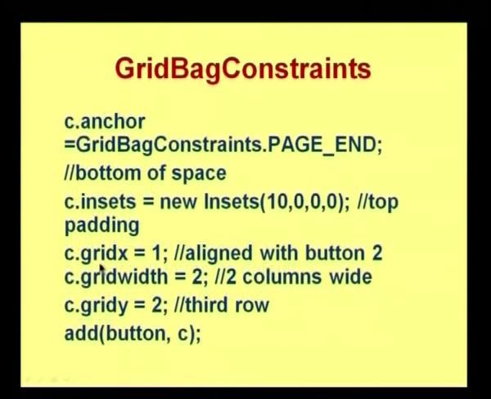You can see here I am specifying my insets to be 10, 0, 0, 1. Insets are the internal space that I give for that particular component inside that particular cell. Here grid X is 1 and grid width is equal to 2 columns. You have seen that button 5 is of 2 columns, and then grid Y, it is in the third row. And I am adding this particular button.